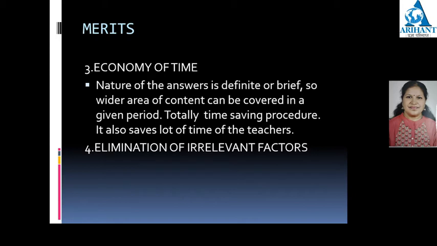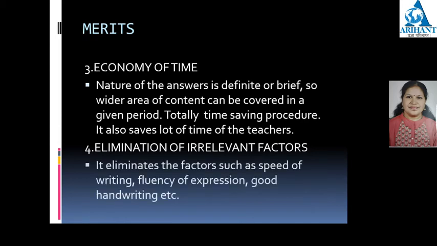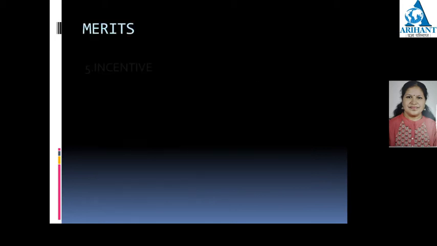When we check essay type or descriptive answers, your handwriting, your speed, your fluency of expression, your presentation, everything will affect your scores. But here these irrelevant factors will be eliminated. This is the merit of this type of test.